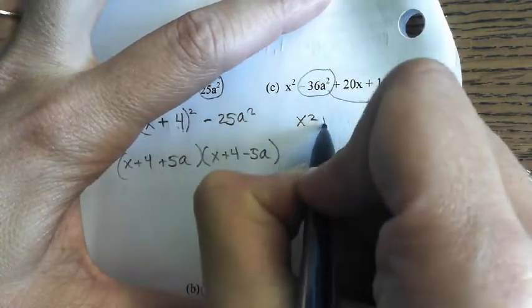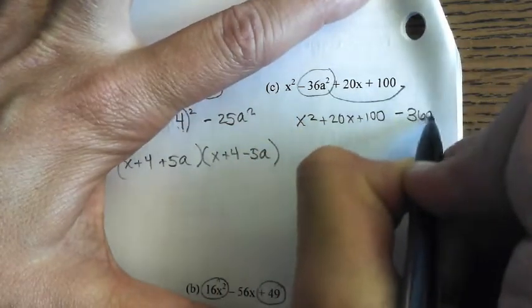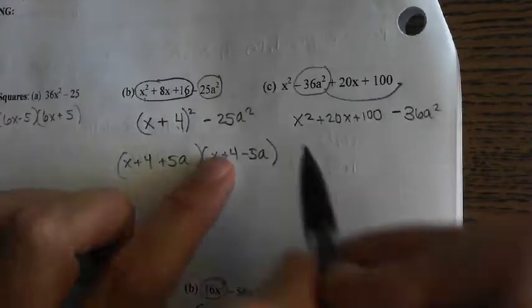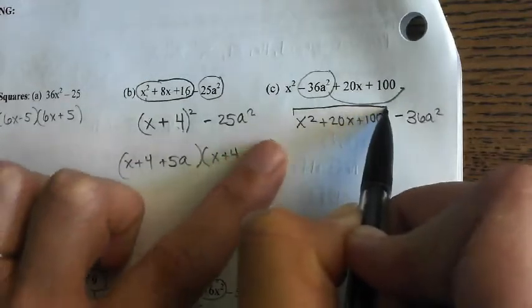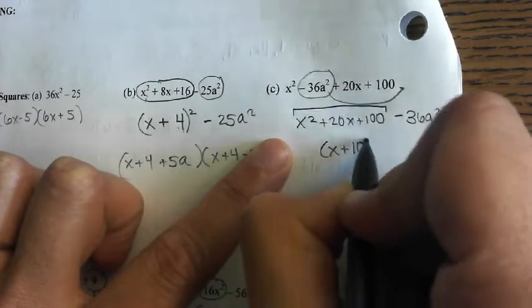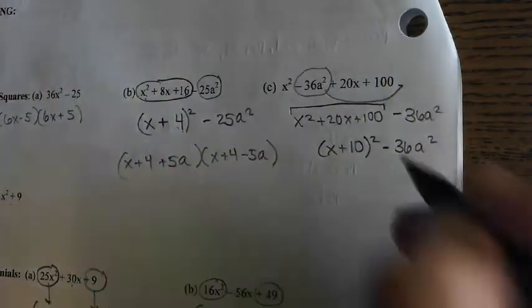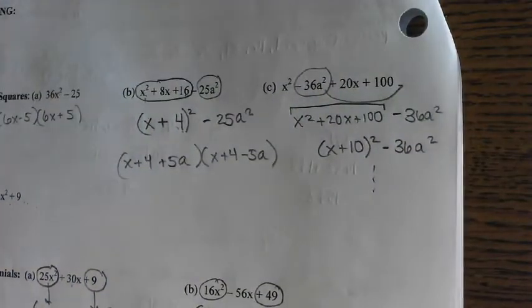So it should be x squared plus 20x plus 100 minus the 36a squared. And then I can factor that trinomial into x plus 10 squared minus the 36a squared. And then the conjugates will take it to the end. x plus 10 minus 6a, x plus 10 plus 6a.